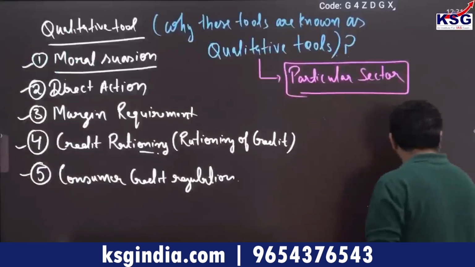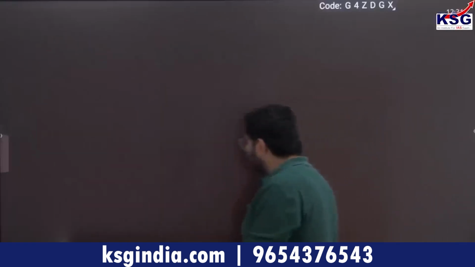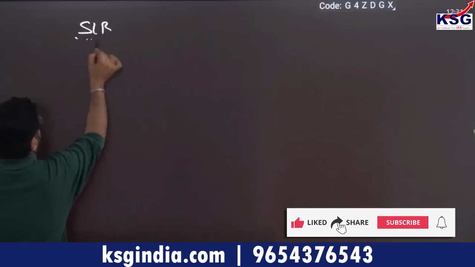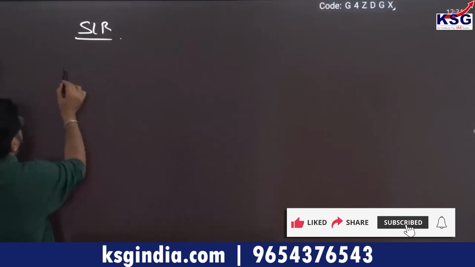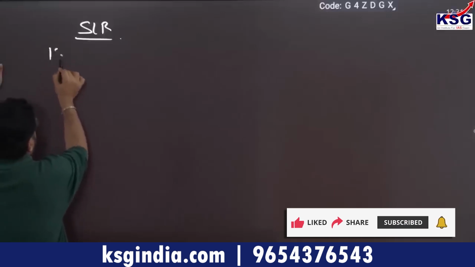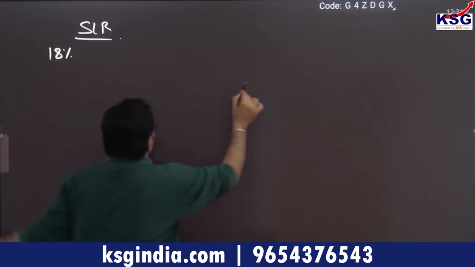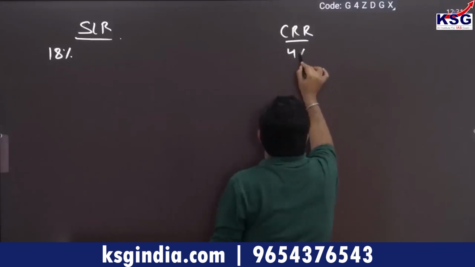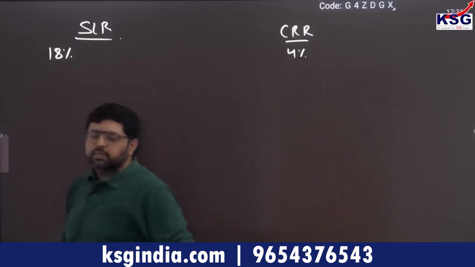Next, when we talk about SLR, right now, for example, SLR is 18%, whereas CRR is around 4%. No need to remember the percentages.